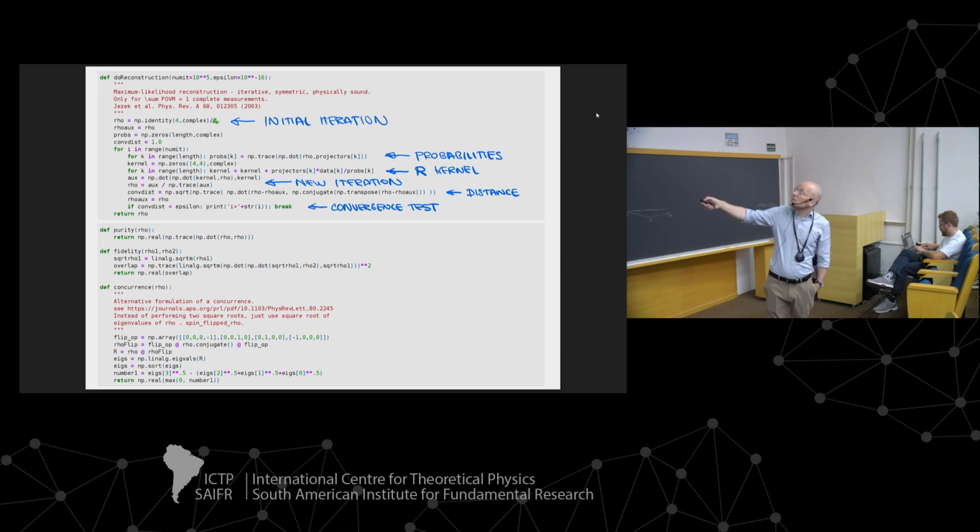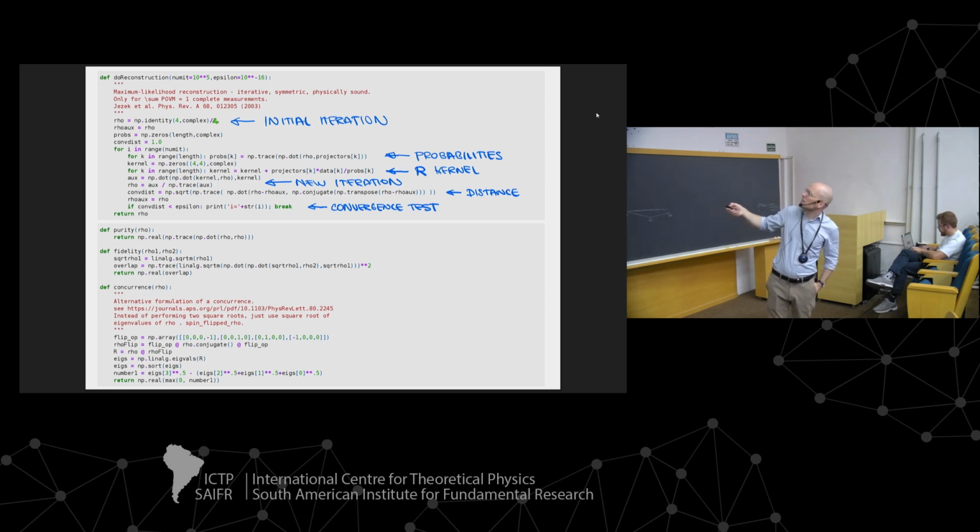Okay, this is the function which contains everything necessary for maximum likelihood reconstruction. There is initial iteration defined. Here we compute now, in the cycle, we compute the probabilities, we compute the kernel, we make the new iteration, which is rho multiplied from both sides by the kernel.